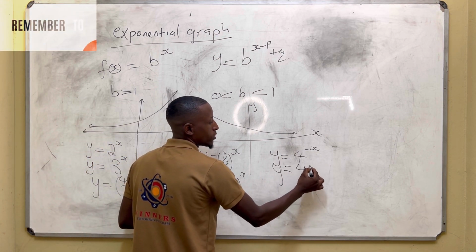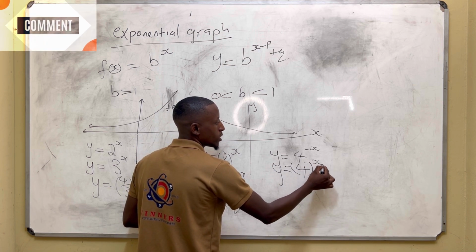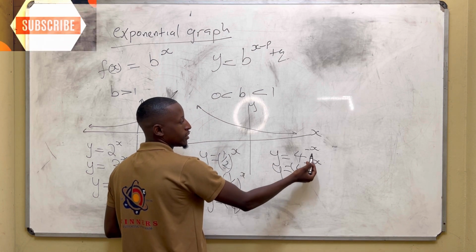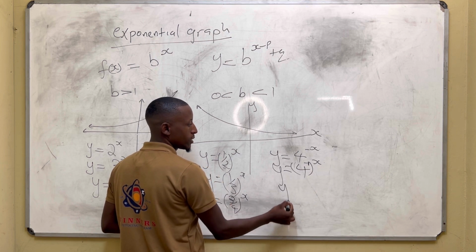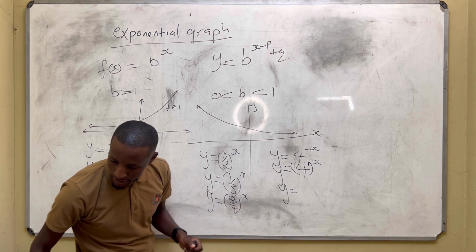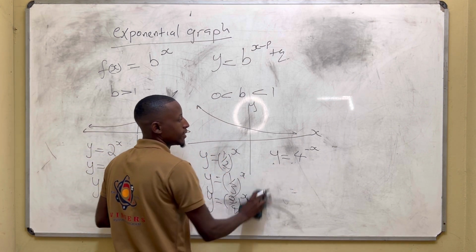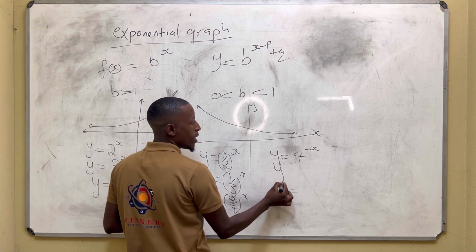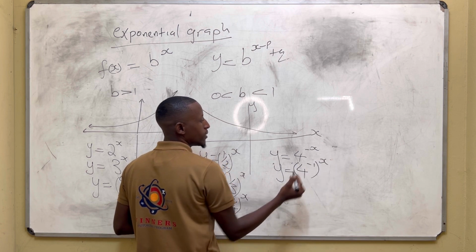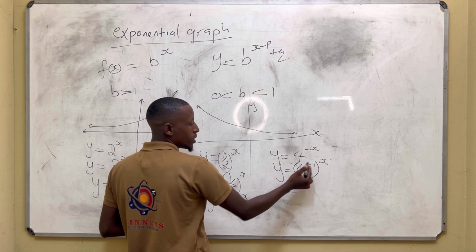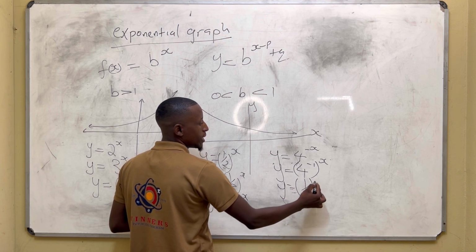If you factor out the exponent, this is what you're going to have. This is still the same as y = (4^-1)^x, which on a calculator is (1/4)^x.